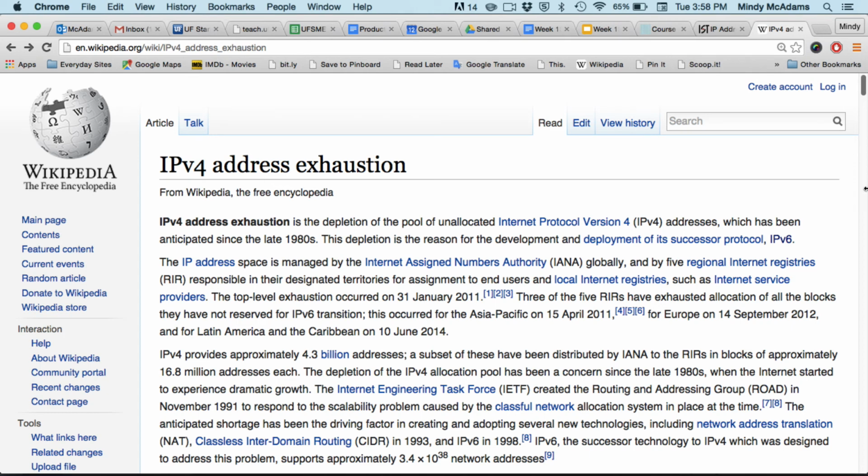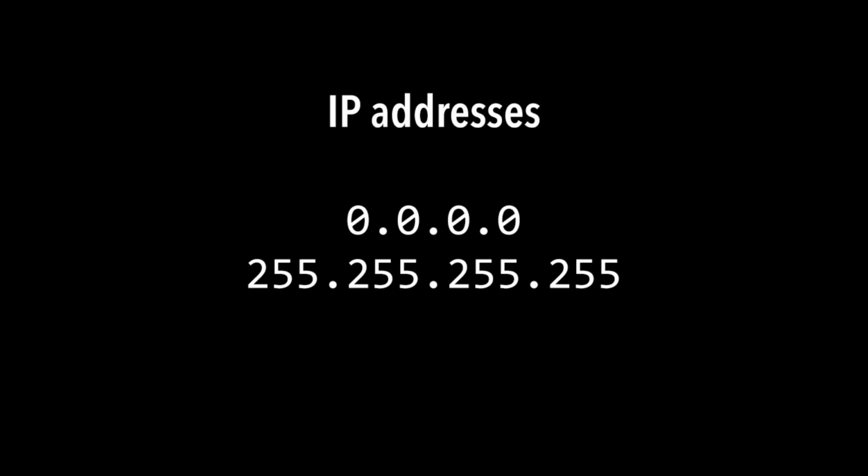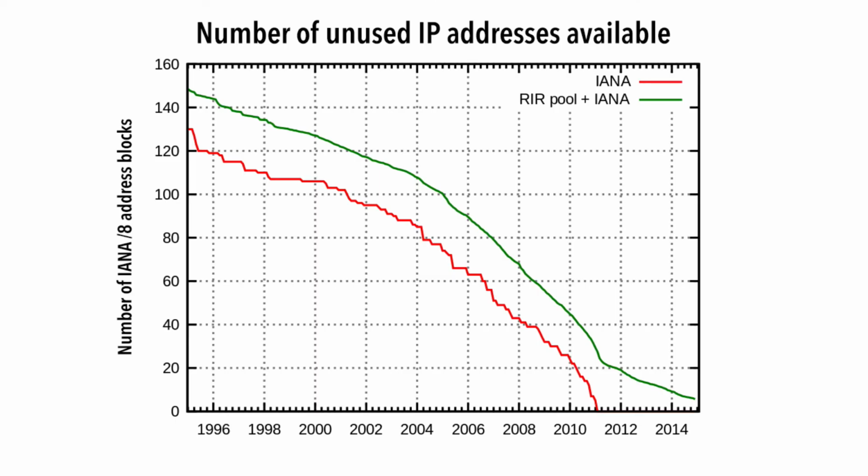How could we run out? The 4 parts of the address have limits. Each part has only 256 possible numbers, from 0 to 255. That gave us more than 4 billion unique addresses, but we used them all. Or rather, more accurately, they have all been handed out.